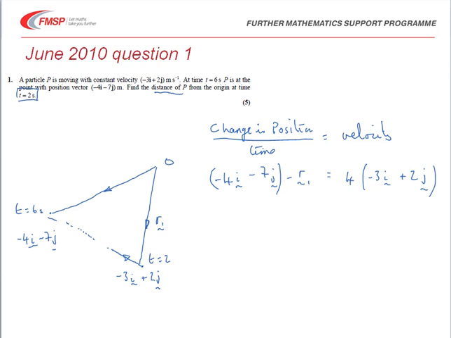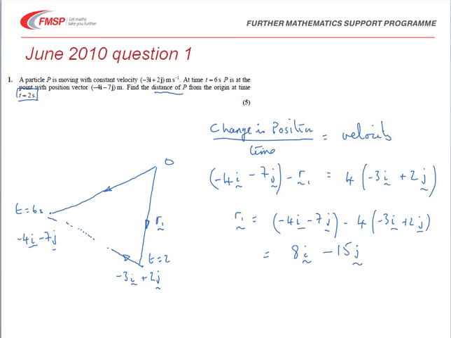Now we need to solve that equation for R1. So R1 is equal to negative 4i minus 7j minus 4 times negative 3i plus 2j. And that turns out to be 8i minus 15j.